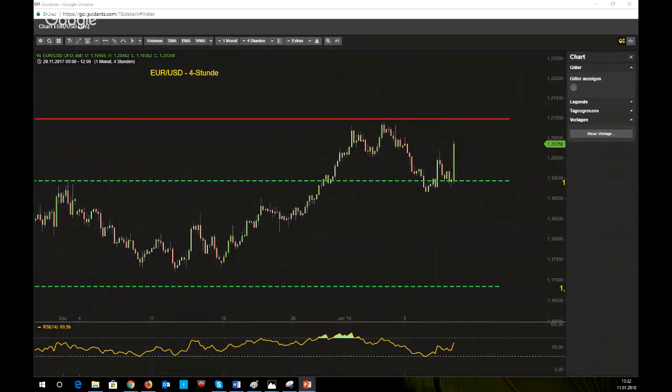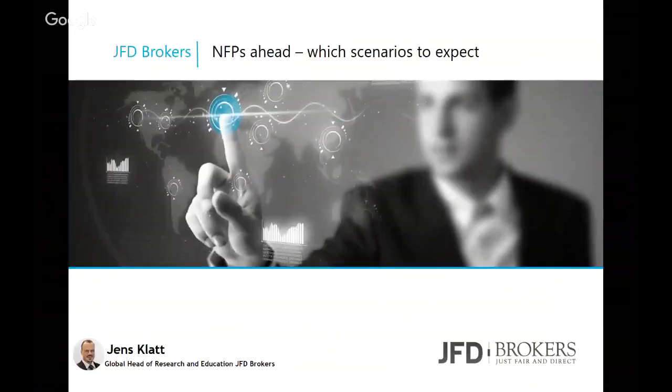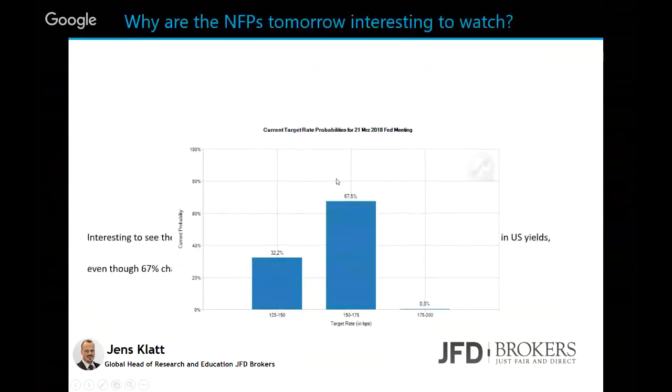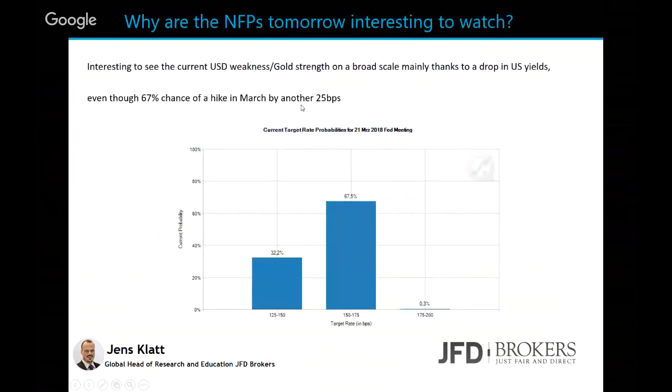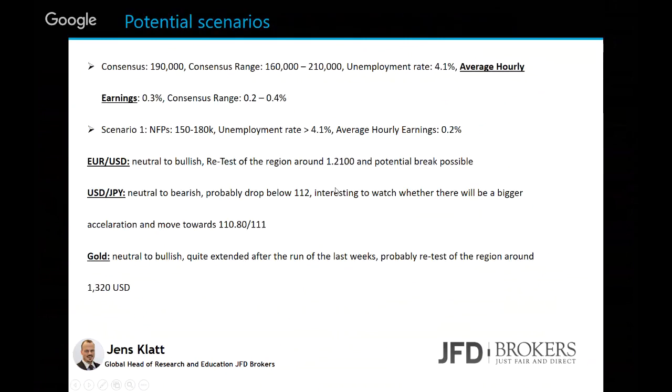Yeah, there we go. It's NFPs ahead, which scenarios to expect. And then you see here that the chances of another rate hike was something like 68% when I presented this. Here you have the consensus. That was what in fact happened in terms of the NFP reading.